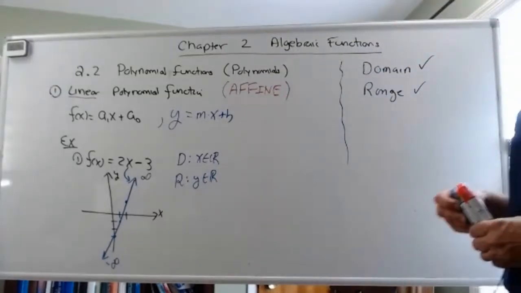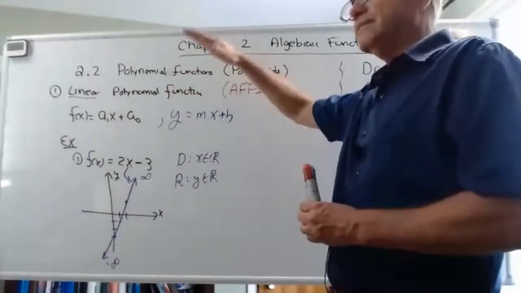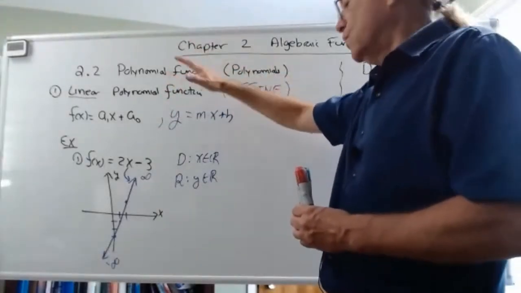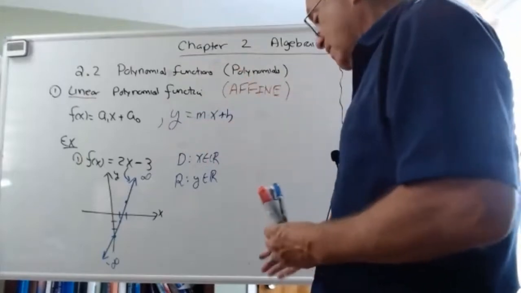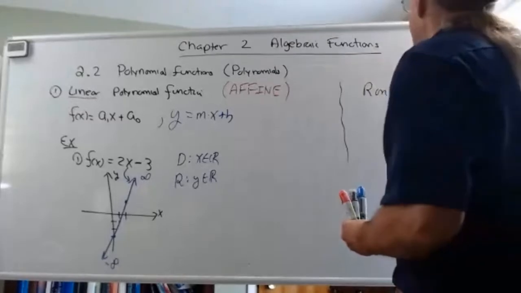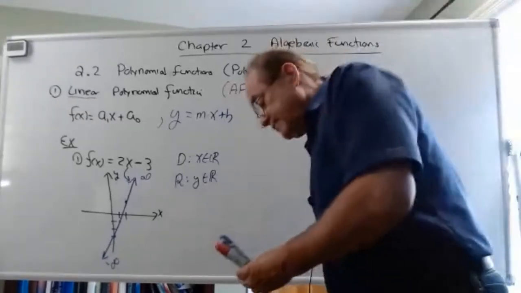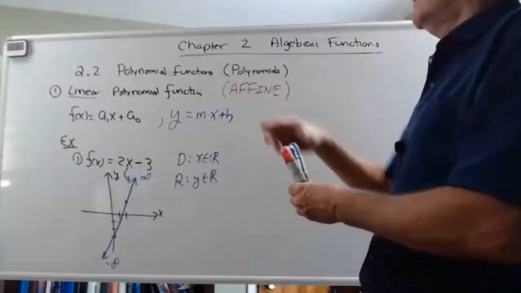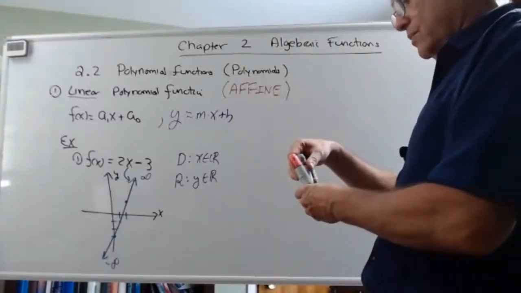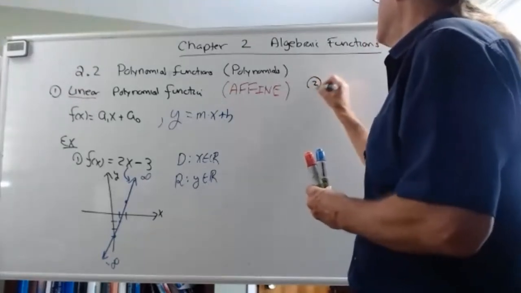Okay. Let's take a look at the next class of polynomial functions. That's the simplest one. Those are the ones we've looked at, very basic algebra courses all throughout. So we move beyond the linear polynomials, and now we go into what we call quadratic polynomial functions.